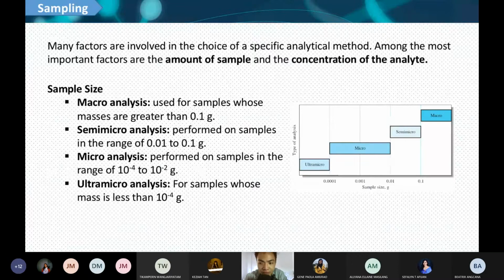But if you have plenty of sample, then you may do macro analysis, wherein the classical methods of analytical chemistry can be used. So as your sample size decreases, the technique must adapt to it. You must use better equipment when dealing with much smaller samples.